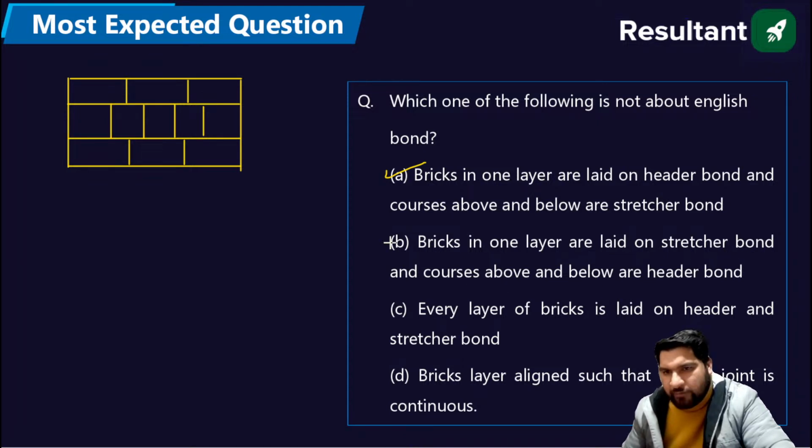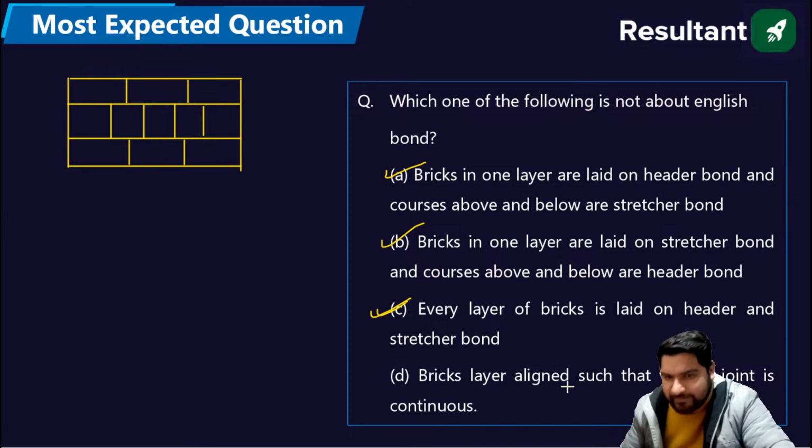Next point: bricks in one layer are laid as stretcher bond and the courses above are header. Every layer of the brick is laid as header and stretcher bond. These are all one statement.